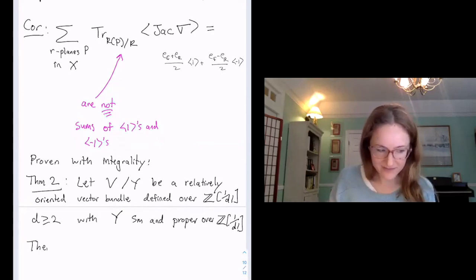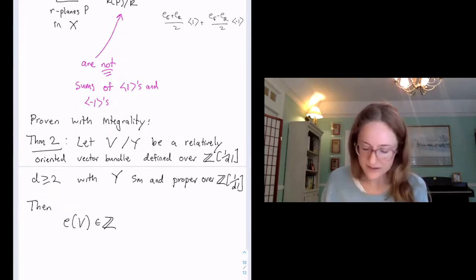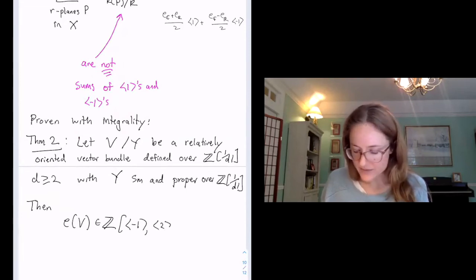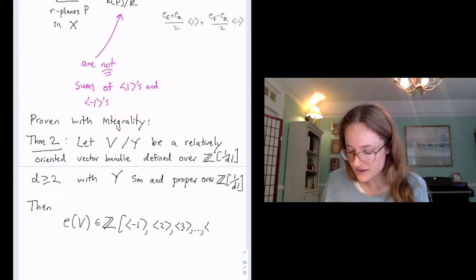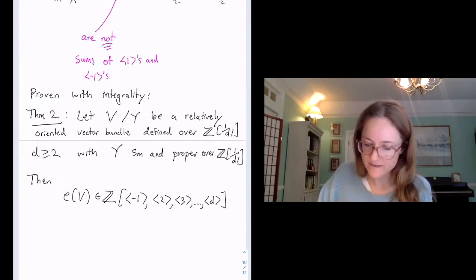Then the Euler number has to be in the subring generated by negative 1 and the 2, 3, all the way up to d inside GW of k.